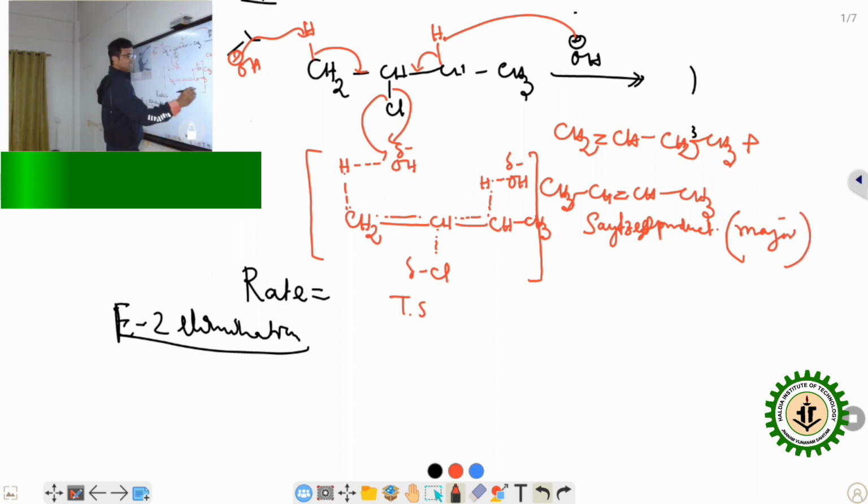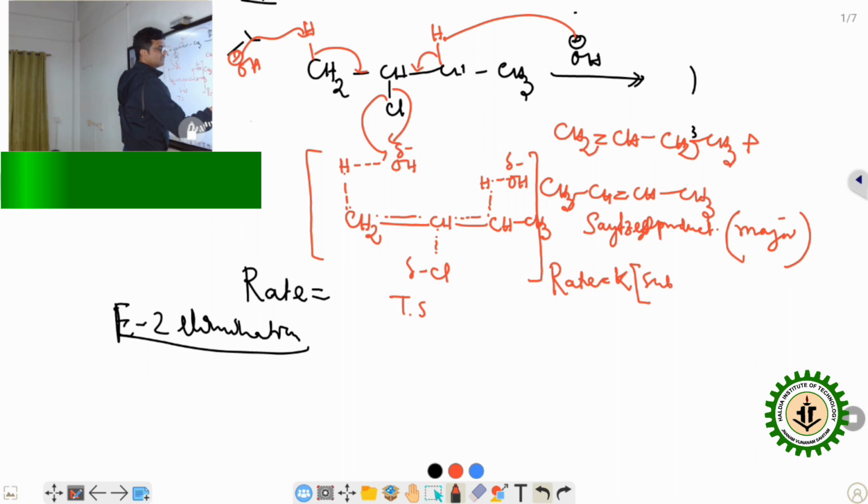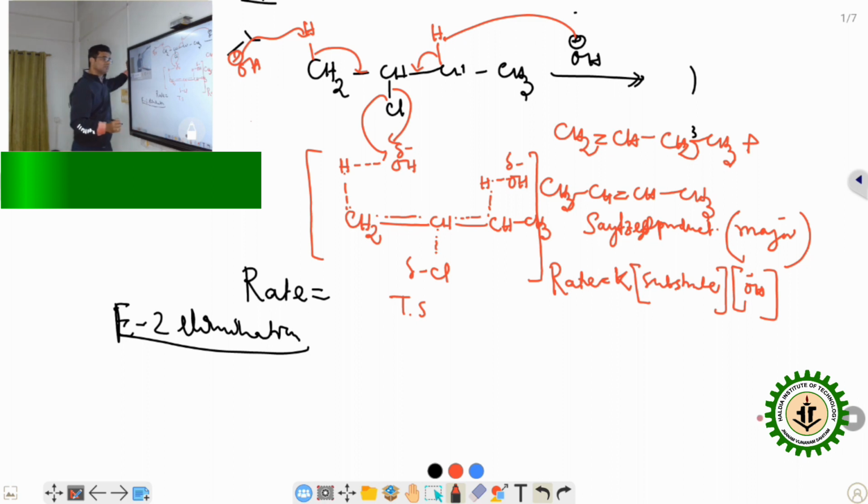Now the rate of this reaction can be expressed in terms of the concentration of substrate as well as the concentration of base. It means the rate depends on both the concentration of alkyl halide, that is the substrate, as well as the concentration of base in this reaction.